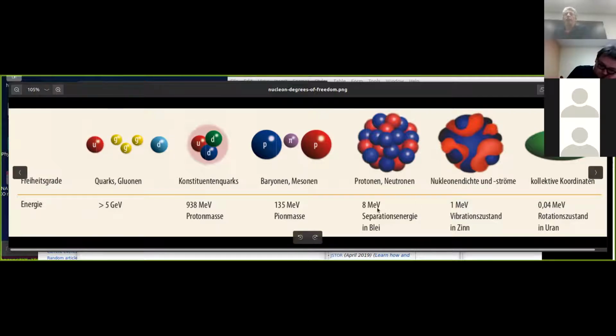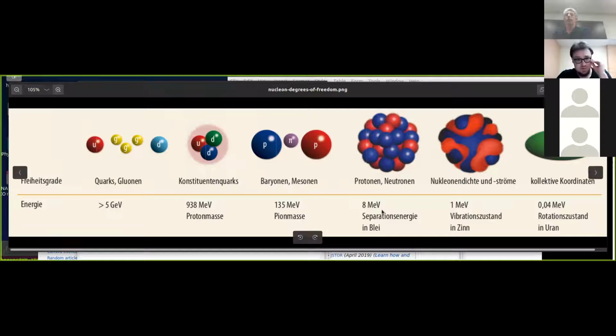Then at even higher energies, a couple of MeV, I'm going to see individual protons and neutrons, and I can separate protons or neutrons out of a nucleus, right? So that's the separation energy in lead, right? We looked at the binding energy per nucleon, it can be something like that, right?